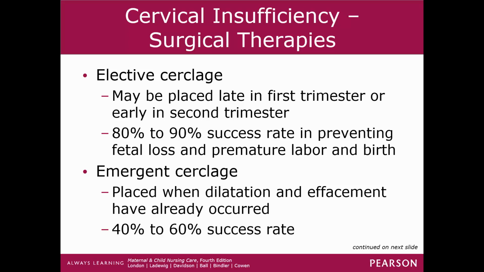So if her first pregnancy she had problems with incompetent cervix, so her second pregnancy, they can just plan to go ahead and do this in the late first trimester or in the early second trimester. Now, an emergency cerclage is one that is placed when she has already started dilating and has already started to thin out.